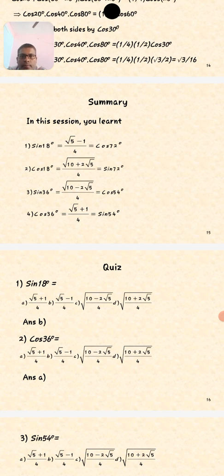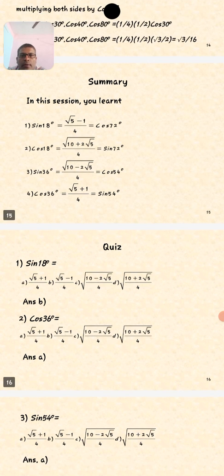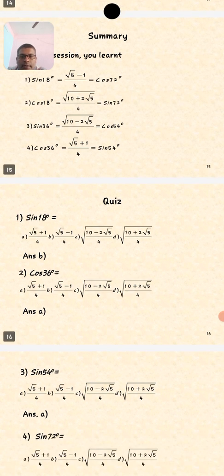Number 3, sine 36 degrees is equal to square root of 10 minus 2 root 5 by 4, which is equal to cos 54 degrees. Number 4, cos 36 degrees is equal to root 5 plus 1 by 4, which is equal to sine 54 degrees.